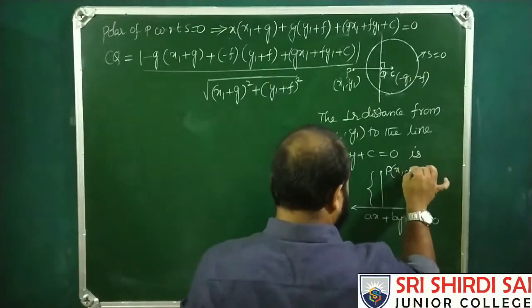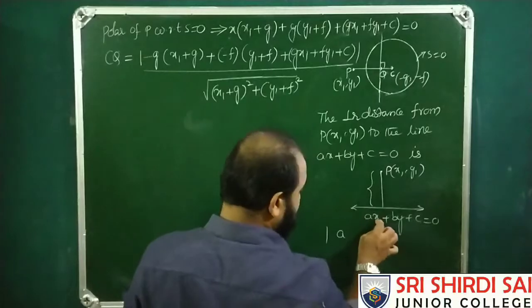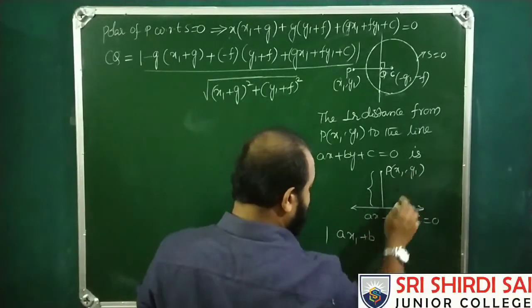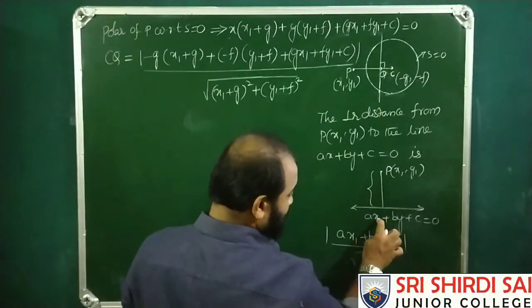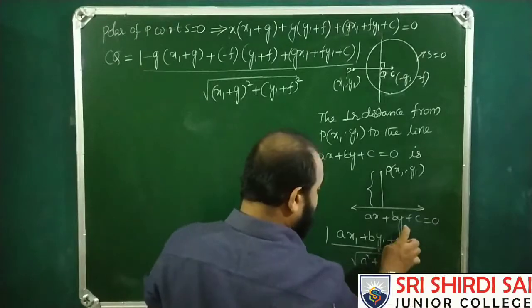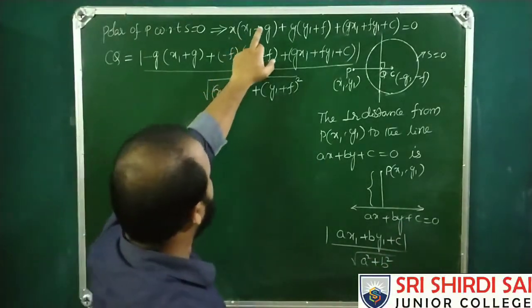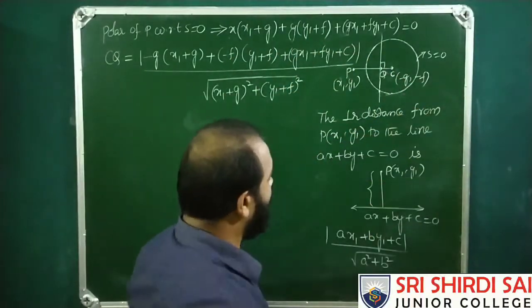From P x1 y1 it is modulus of a x1 plus b y1 plus c by square root of a square plus b square. The same way I have applied also, ax plus by plus c equals to 0, this is x1 y1.